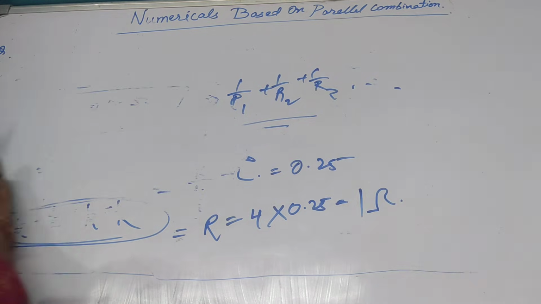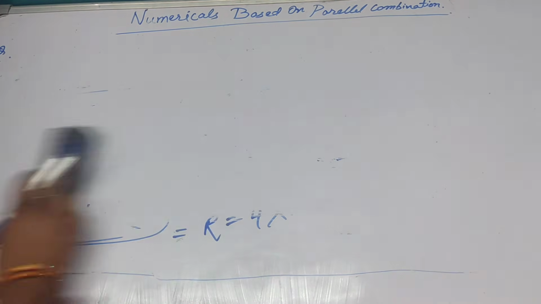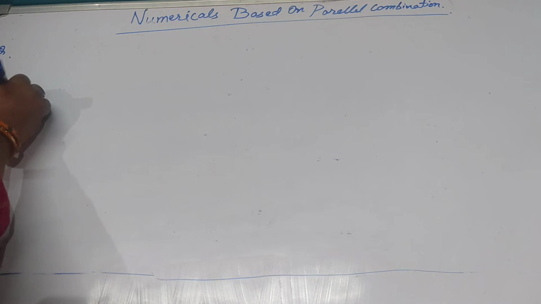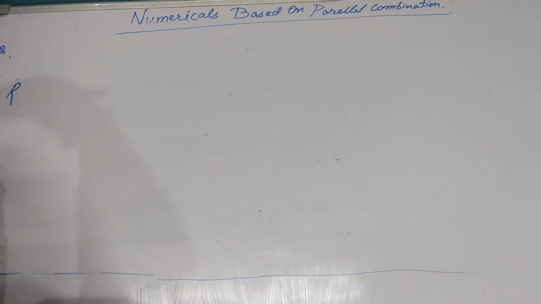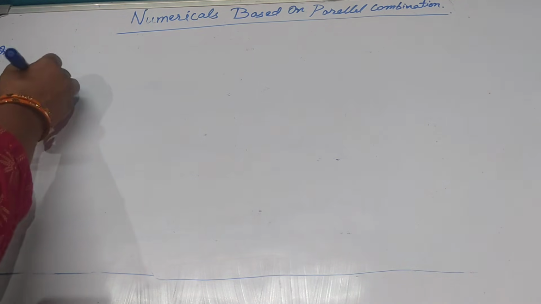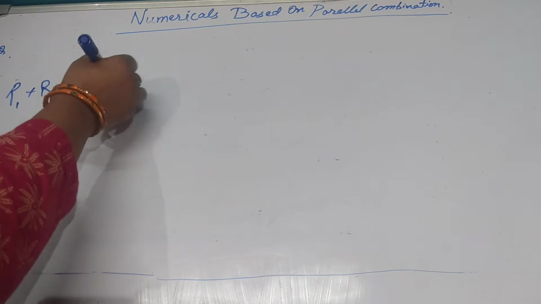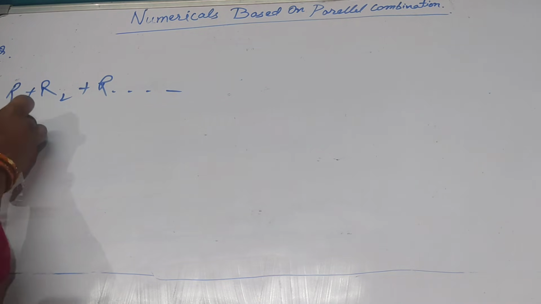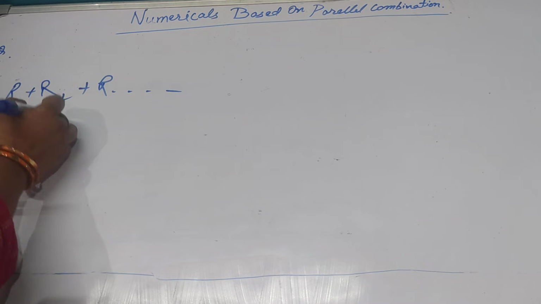Now we have to find this, connected in series. Everyone knows that if any resistances are connected in series, we will write like this: R1 plus R2 plus R3, whatever it was. So we know that it was given only 4 resistances, so we will directly write 4R.